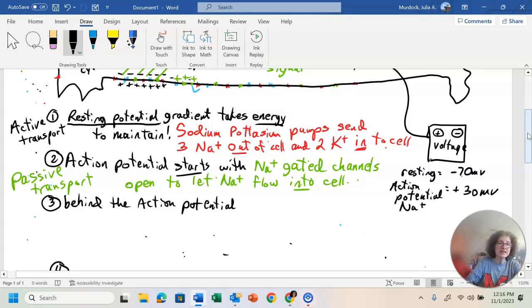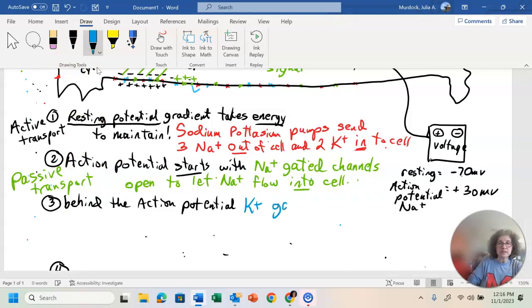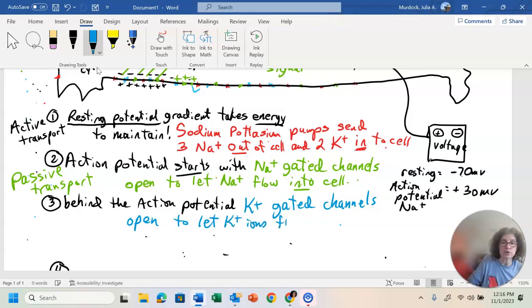Okay, so now behind the action potential, the potassium, which I think I made blue, also has its own gated channels. So the potassium gated channels now are going to open. They don't open until the sodium has finished getting up to positive 30. And they open to let potassium ions flow out of the cell, remember the potassium was inside the cell.